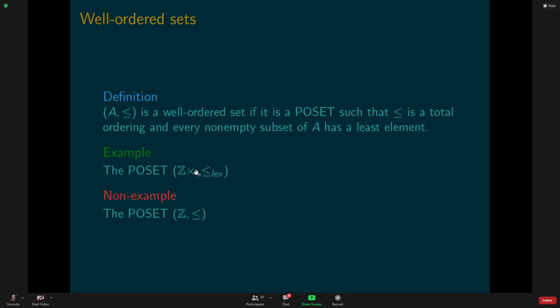Here I should have a second Z. For example, this set is not well ordered because if we take a subset, it's not necessary that it has a least element, right? Minus infinity may be there, and then we cannot take the smallest element.